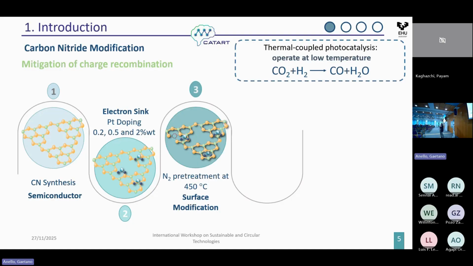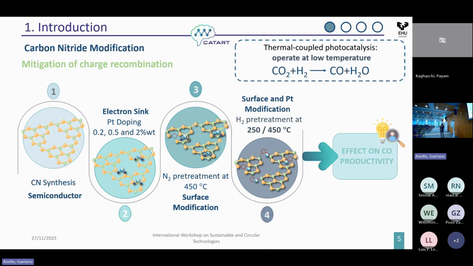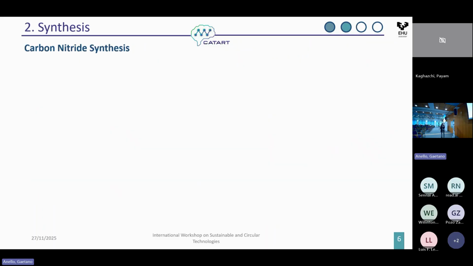We will make a nitrogen pretreatment in order to remove possible impurities on the surface of our material. And as the last step, we will make a hydrogen pretreatment at 2 different temperatures and see how this affects our catalyst, and also how it affects our CO productivity.